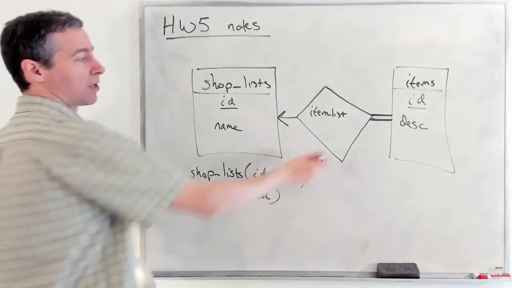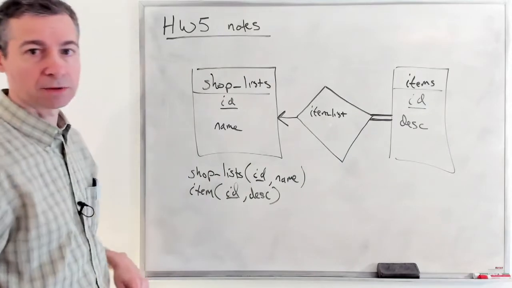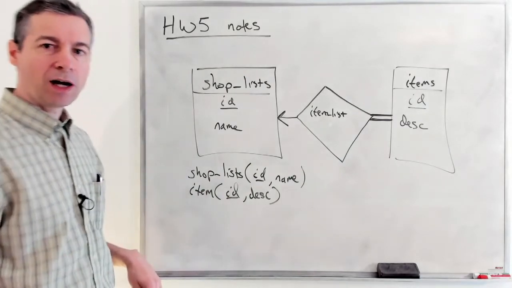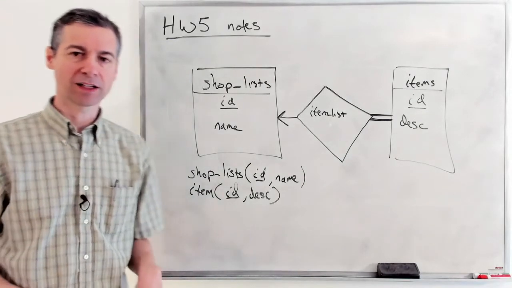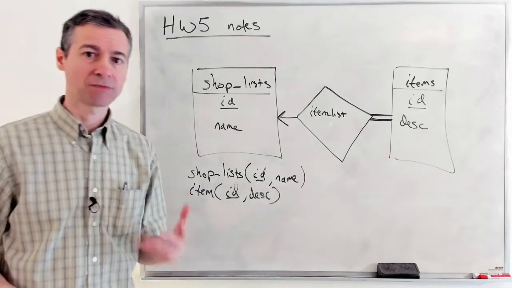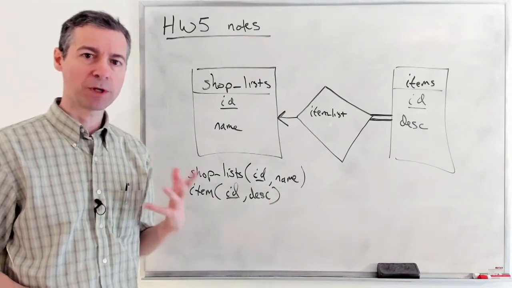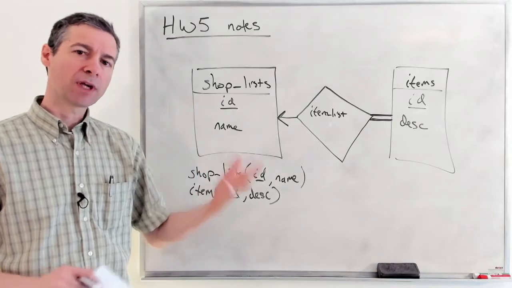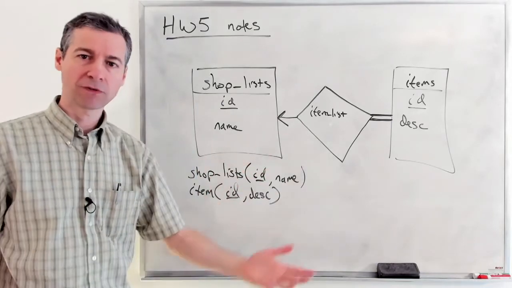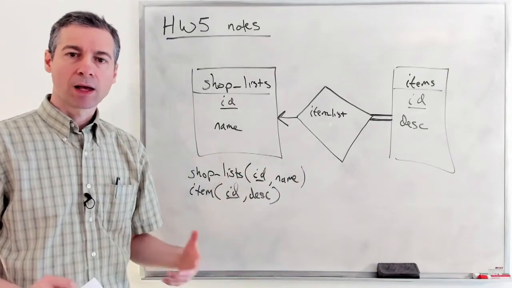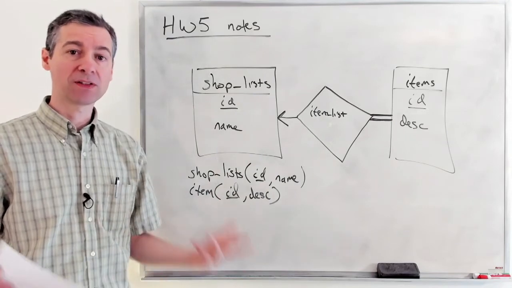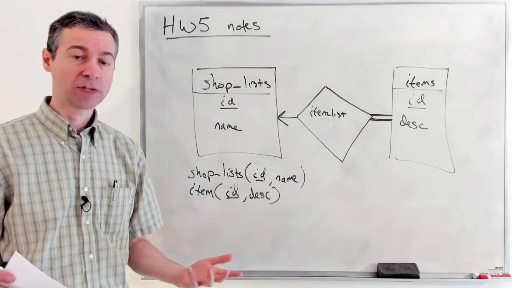Great. Then you've got your relationship set. Now, one of the things that really bothers me is that I see a lot of people copying the example I gave for the laboratory homework.